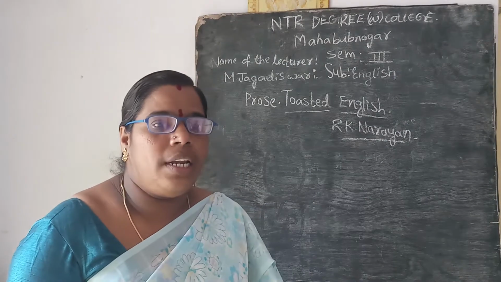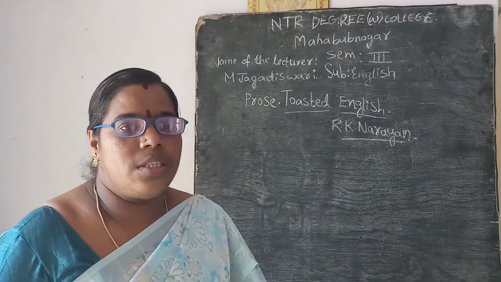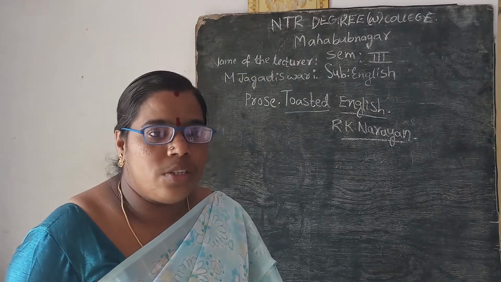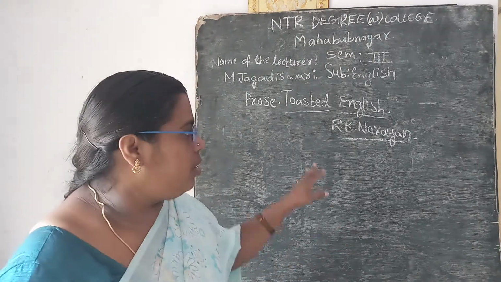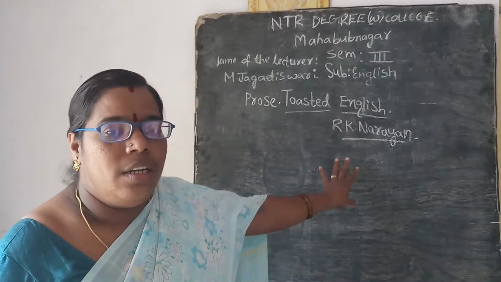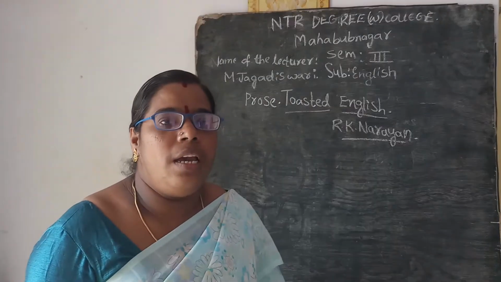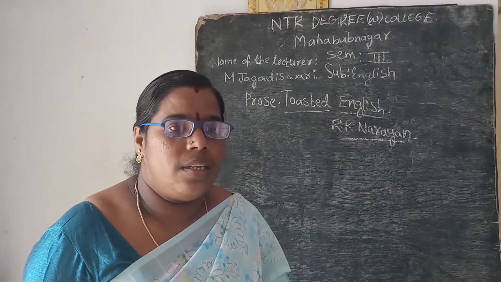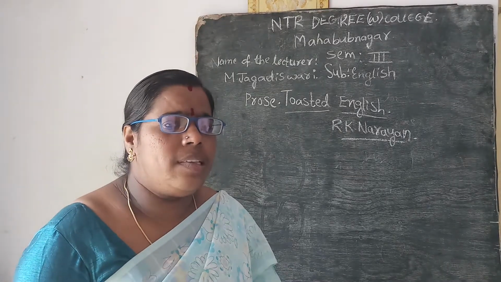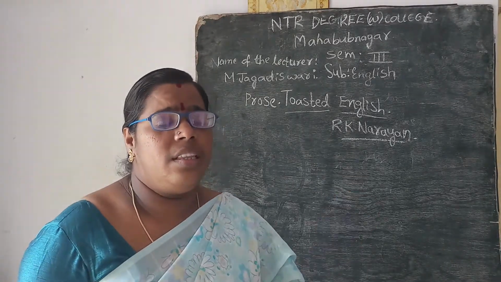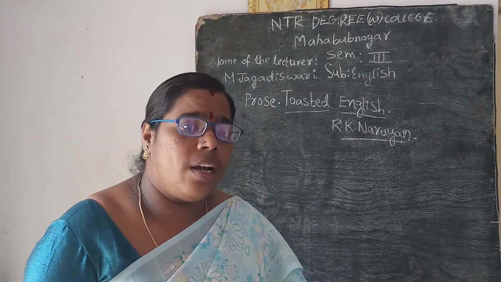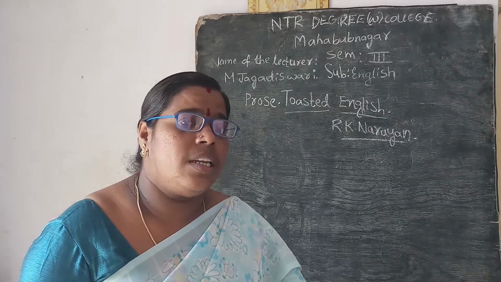These are the pre-reading activity questions that can be learned from this lesson, and you can also know the terms and the different meanings of the words. Previously we have already seen the lessons from the second semester syllabus.